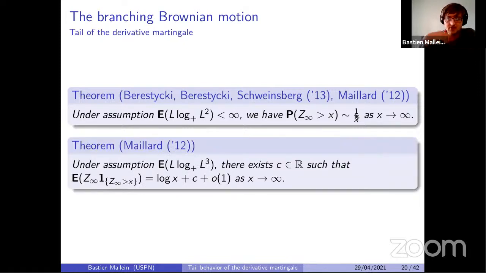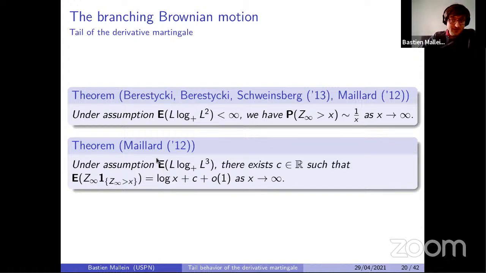And Maillard went further and showed that under an additional integrability condition, L log L cubed, there exists a constant c so that the expectation of D_infinity times the indicator function that D_infinity is smaller than x, so I made a mistake here, it should be smaller than x, behaves as log x plus a constant plus a little o of 1.